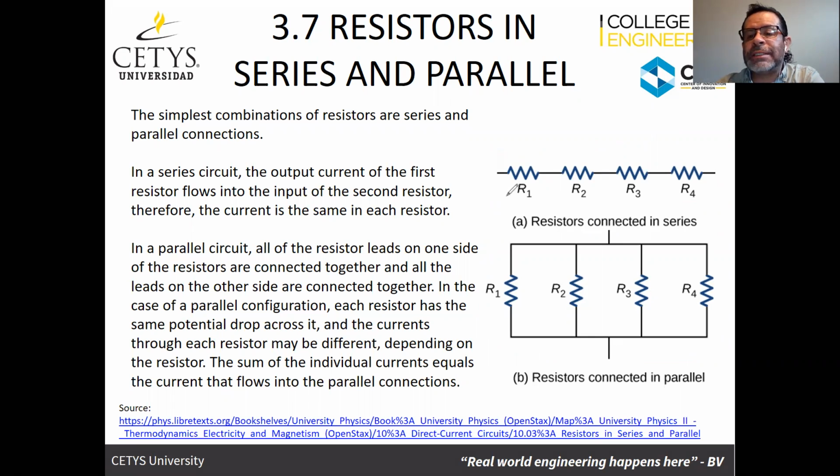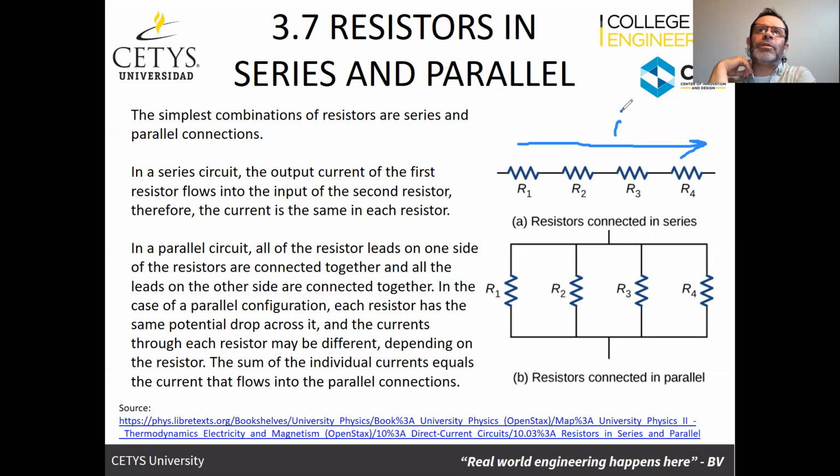For a series connection, the current going through the circuit, I'm going to draw the current in blue, is going to be the same through the resistive elements. Whenever we have resistors connected in series, it's the same current.